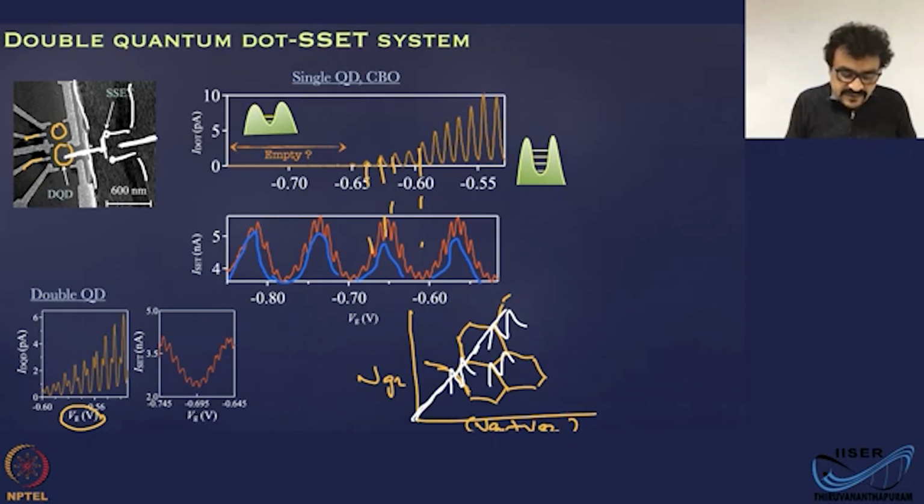And this is the current through the double dot, and when you observe the current through the SET, as you can see, you have this slow oscillation, that is because of the Coulomb blockade oscillation of the SET. But you can see that there are peaks here. All these blips earlier, those were single peaks. Now all those have split into two. You can see all of these have some cusp shape.